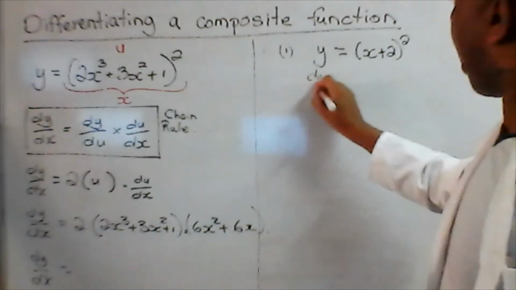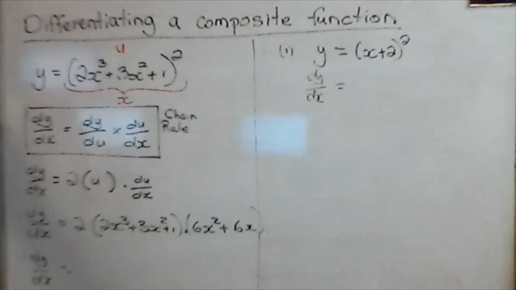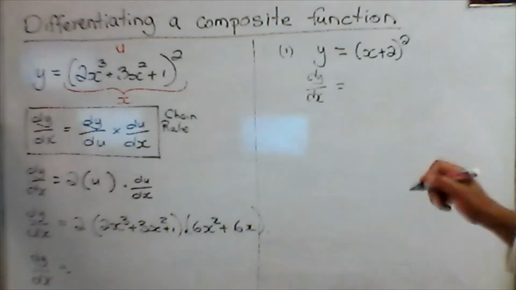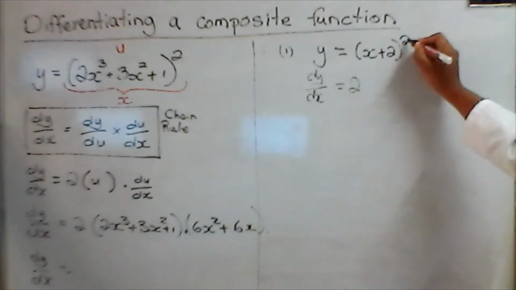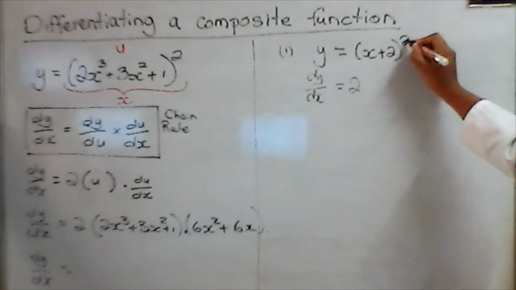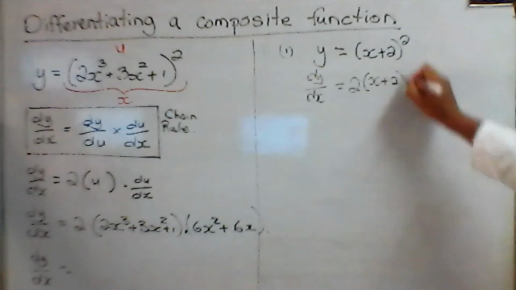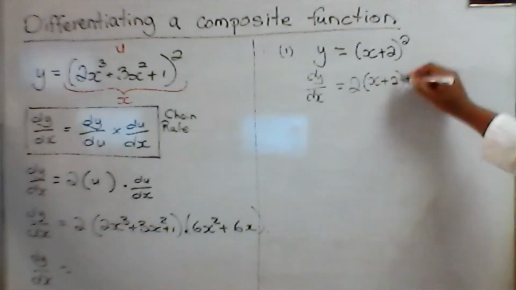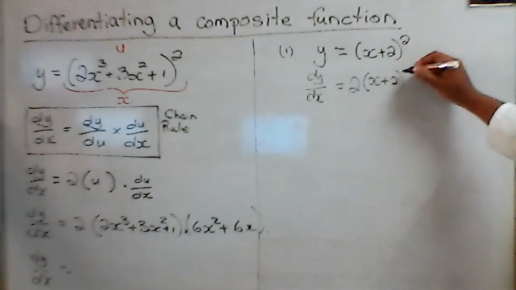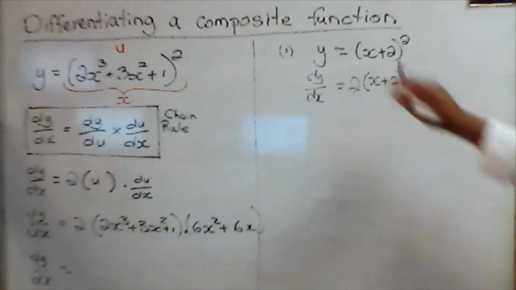So dy dx will be equal to the derivative of the outside evaluated at the inside. The derivative of the outside is the power 2 multiplied by the inside, x plus 2, to which you don't do anything at this stage, to the power 2 minus 1, which is 1, multiplied by the derivative of the inside.